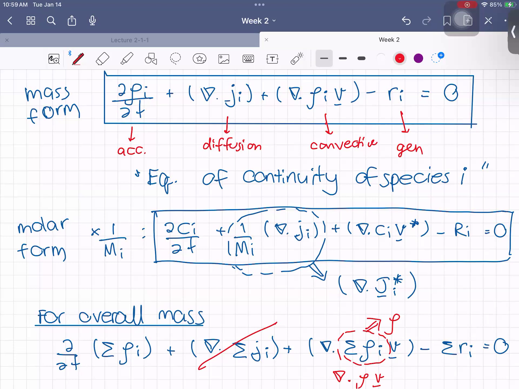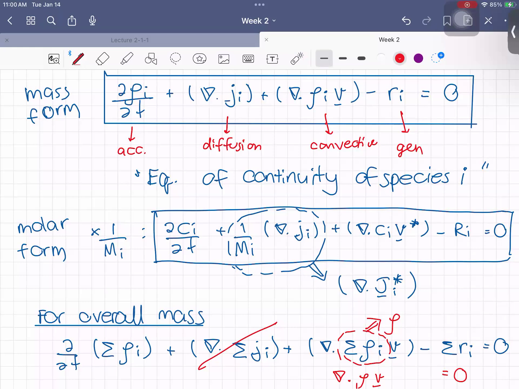And what about the last term, sigma R_i? It's actually equal to zero, because whatever is generated is going to be consumed.